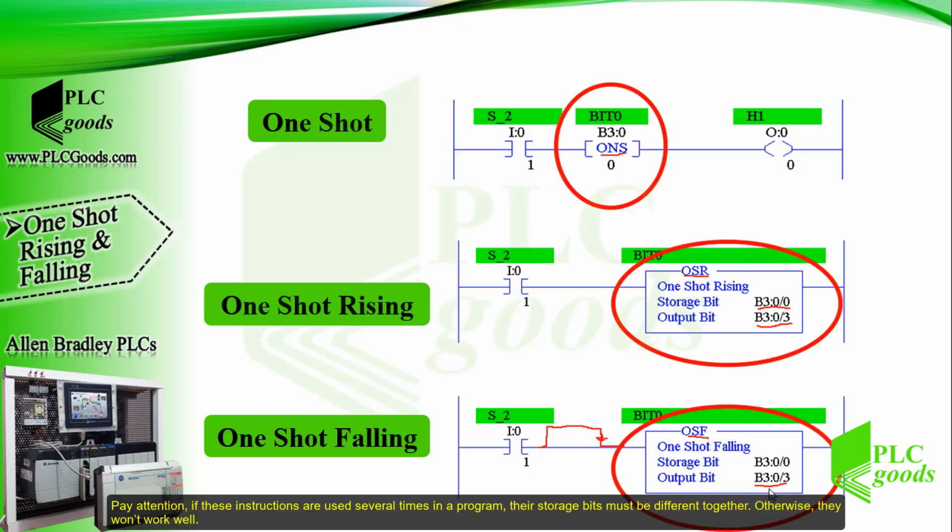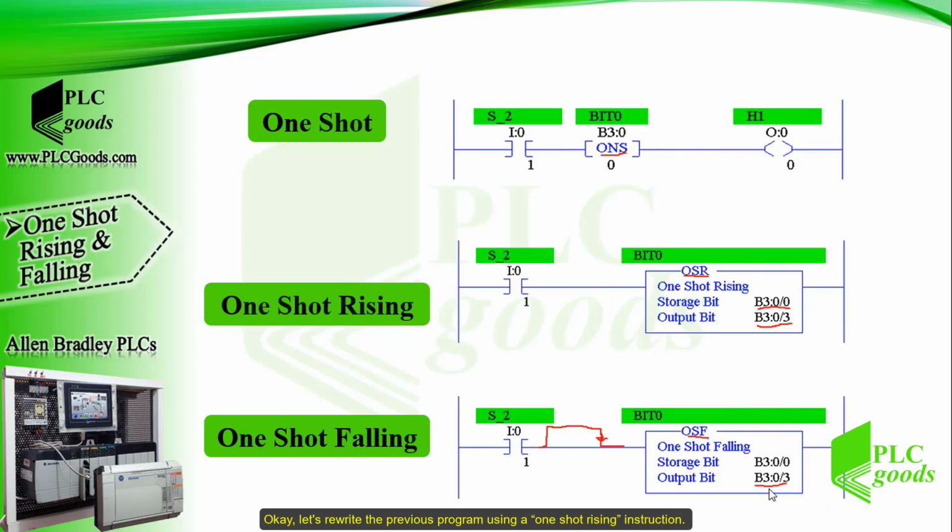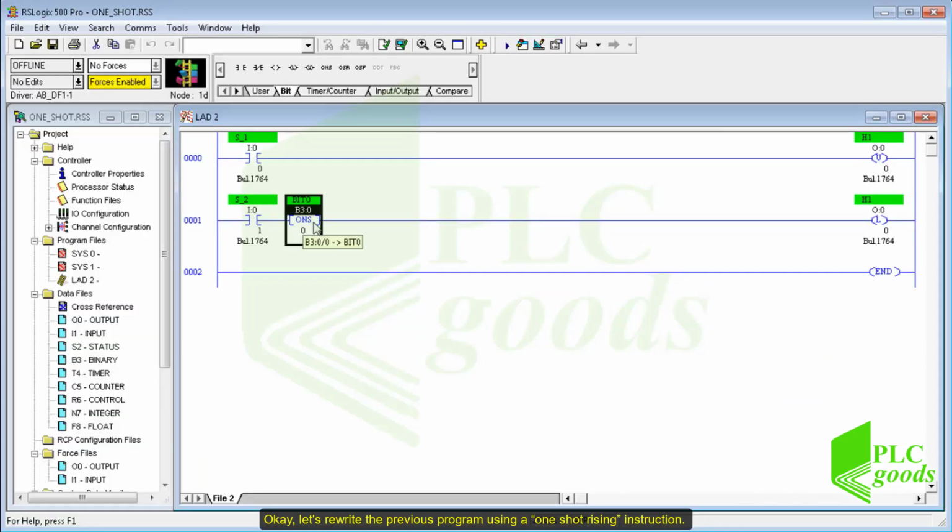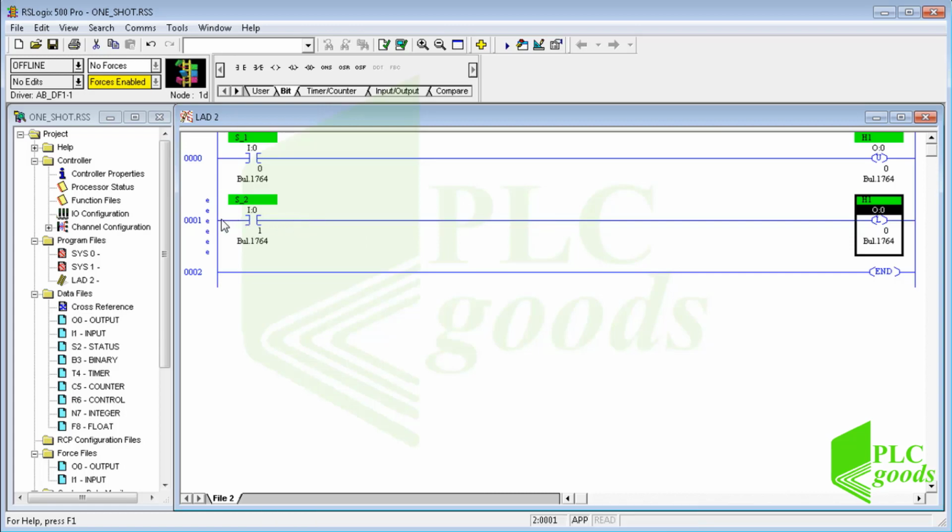Pay attention, if these instructions are used several times in a program, their storage bits must be different from each other. Otherwise, they won't work well. Okay, let's rewrite the previous program using a one-shot rising instruction.